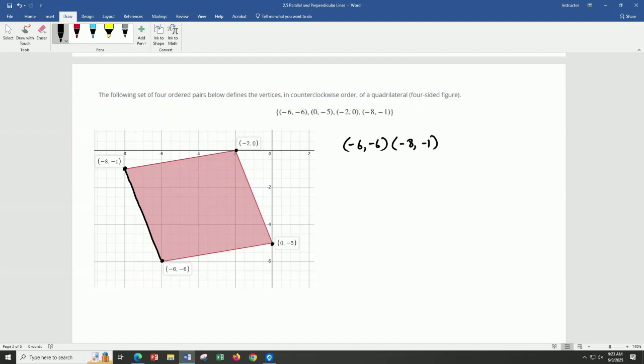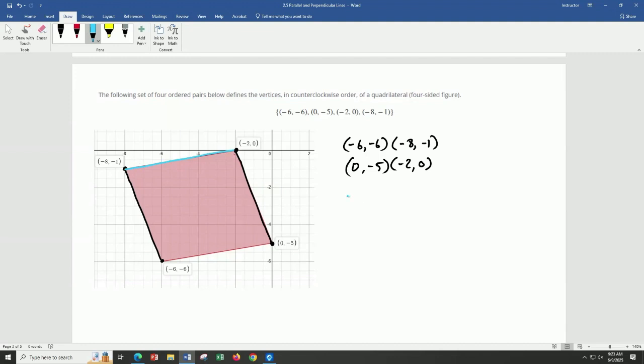But if I'm looking for something to be parallel, I have to look at what are the two points. These over here, correct? So I've got 0, negative 5, and I've got negative 2, 0. Looking at other points, I can look at this one here, and I'll do some in blue.